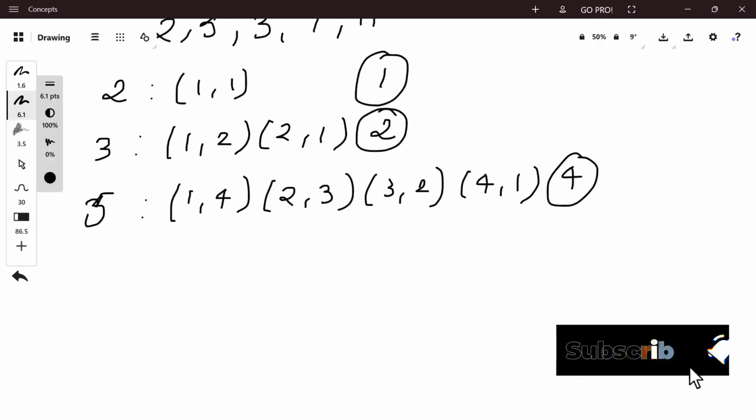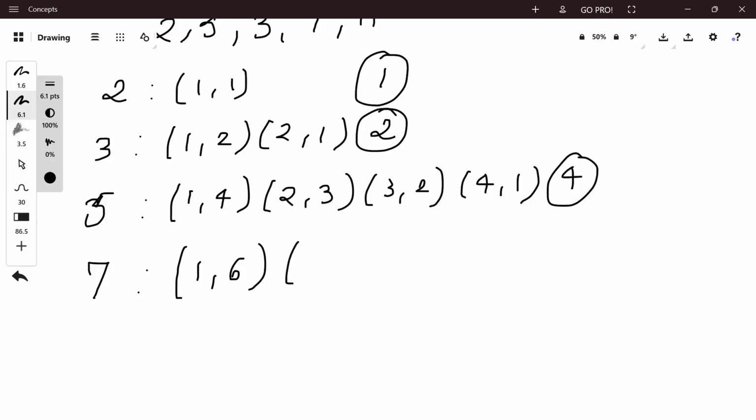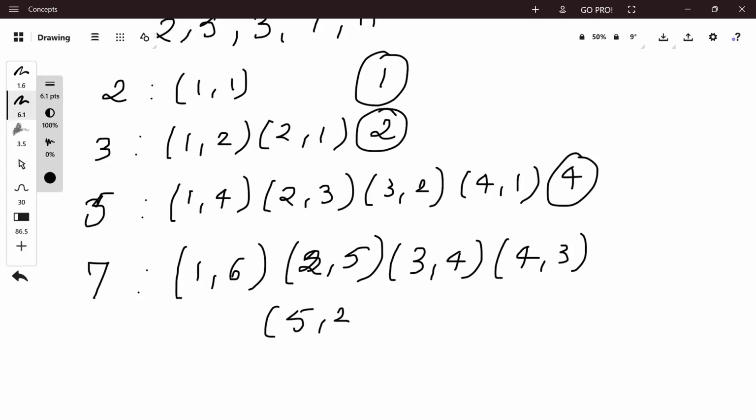Counting the outcomes, 7 is 1, 6, 2, 5, 3, 4, 4, 3, 5, 2, 6, 1, that is 6.